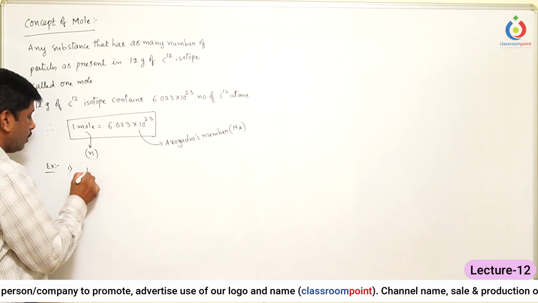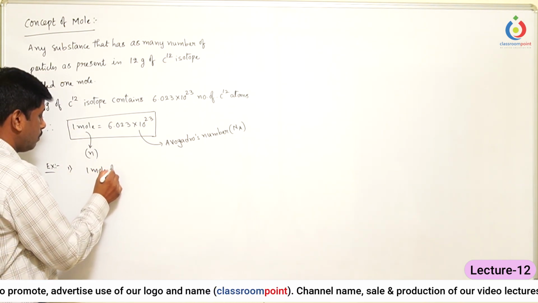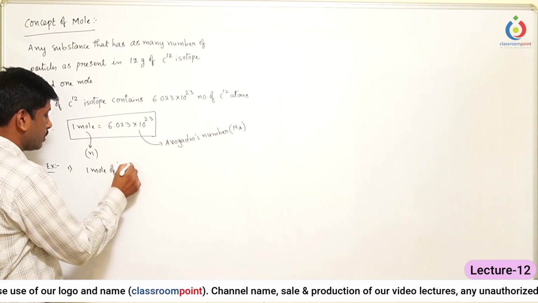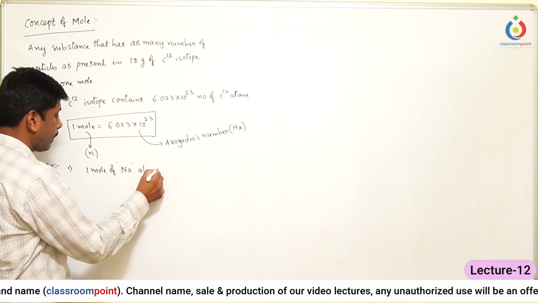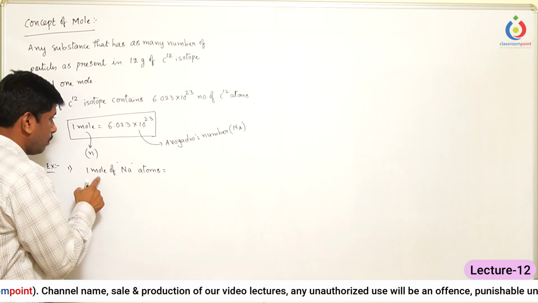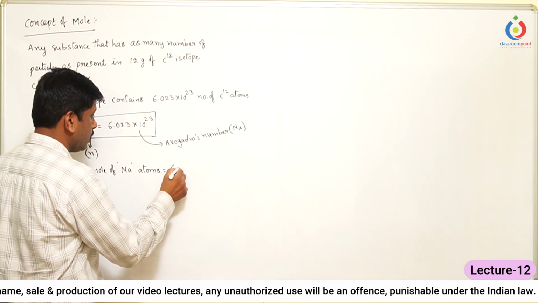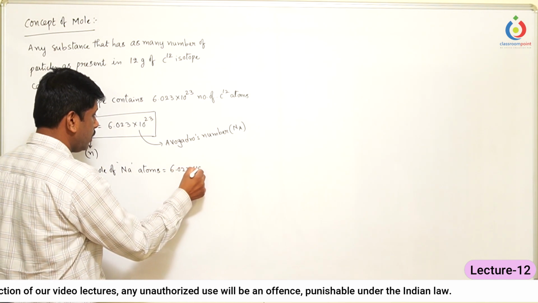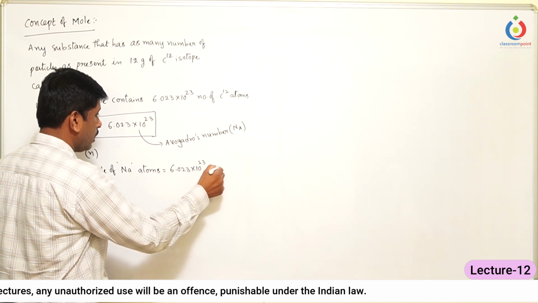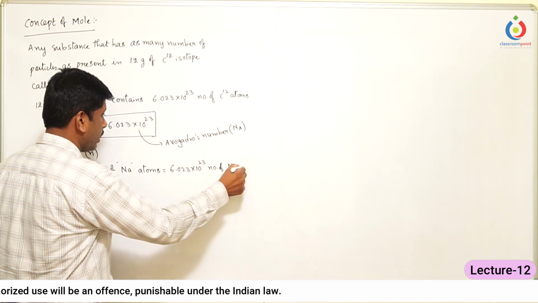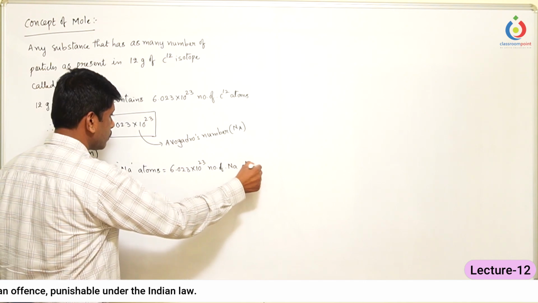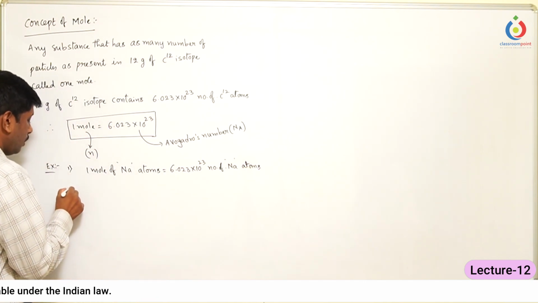Example 1: 1 mole of sodium atoms. That means 6.023 × 10^23 sodium atoms.